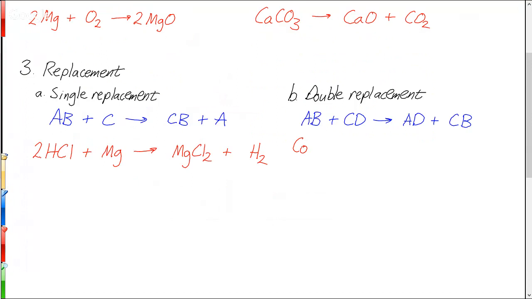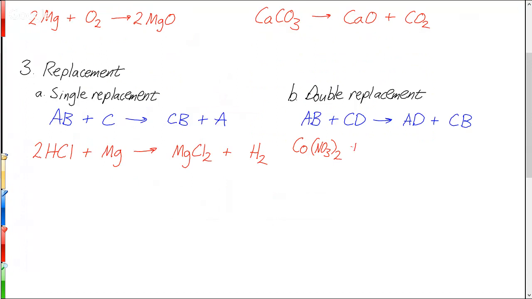You think it was nitrate? I think it was nitrate too. Yeah, cobalt(II) nitrate. So that's an AB kind of thing because it's got cobalt and it's got nitrate. Even though there are multiple atoms in there, nitrogen and oxygen, we think of that as a kind of binary compound: two things, the cation and the anion.